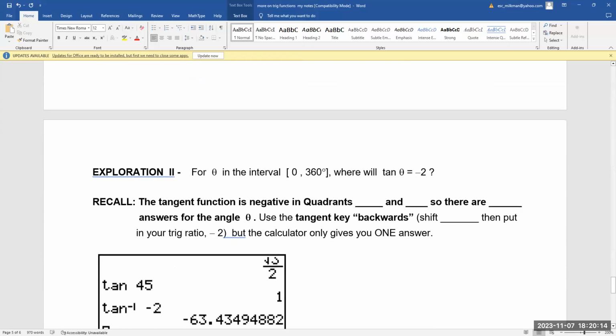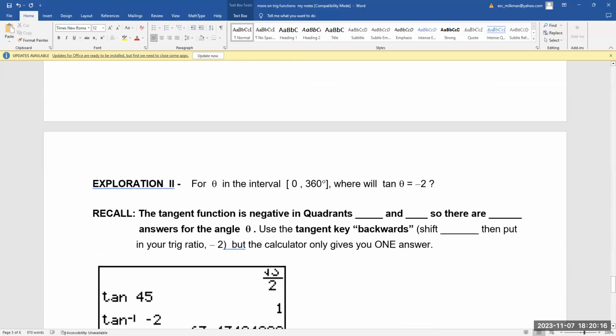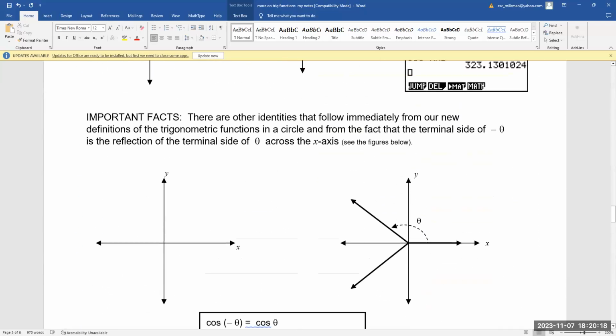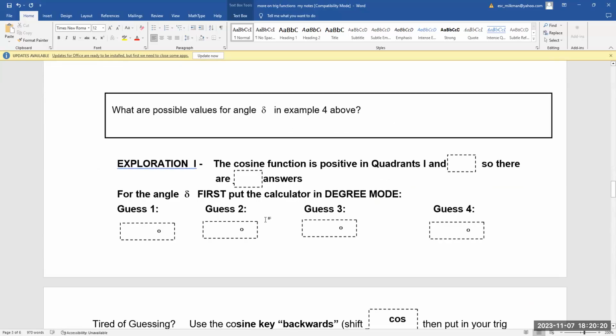Maybe I even have a song for that, but we'll have to wait till tomorrow. Exploration number 2, if you figure out what was exploration number 1, because I never really did discuss it. Exploration number 1, when I did it in our notes: the cosine is positive in quadrants 1 and 4. Filling in the notes. So there were 2 answers.